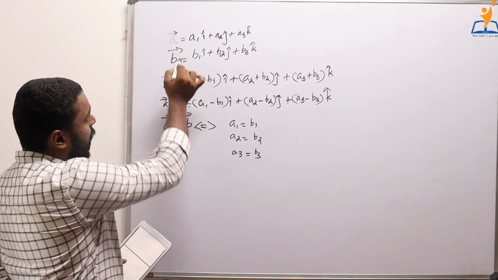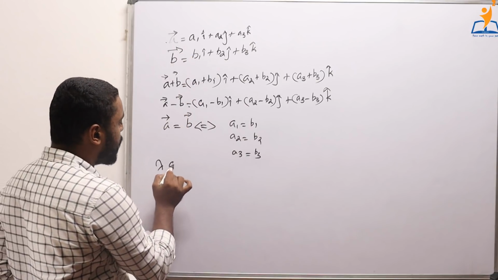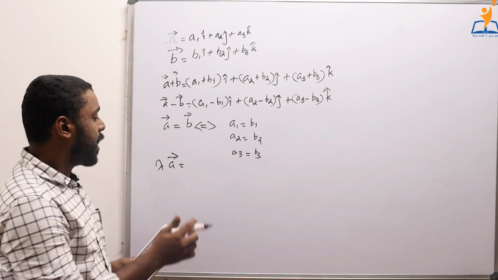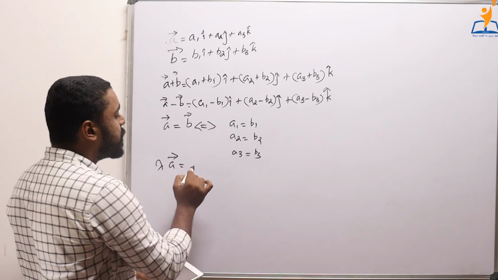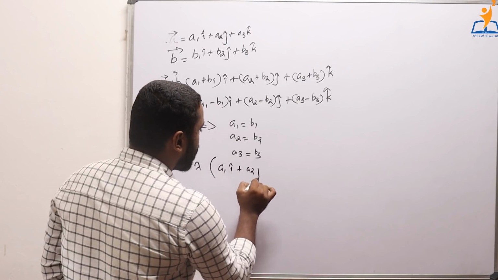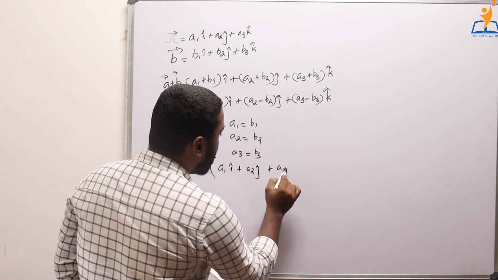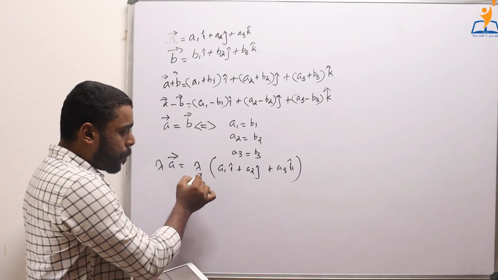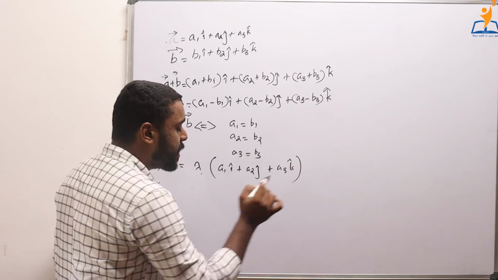Now let a be given like this. We have to find lambda into vector a, where lambda is a scalar, which means that we have to find lambda into (a1 i cap plus a2 j cap plus a3 k cap), right? Now we can multiply this lambda with each component.